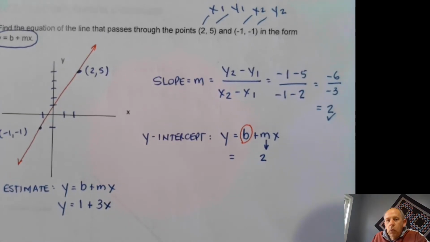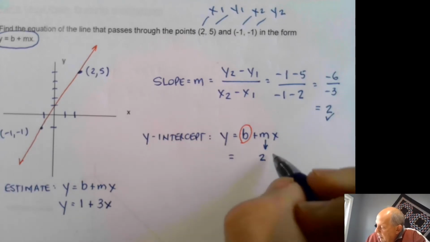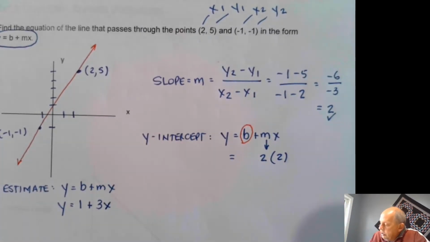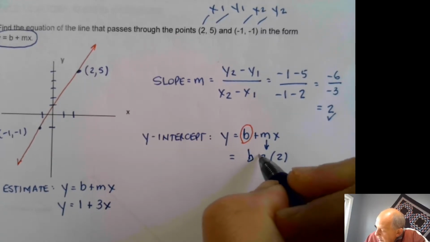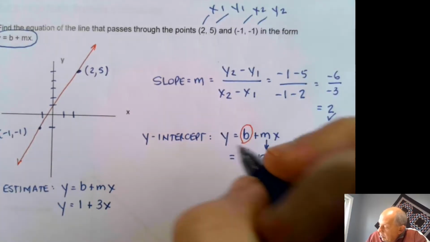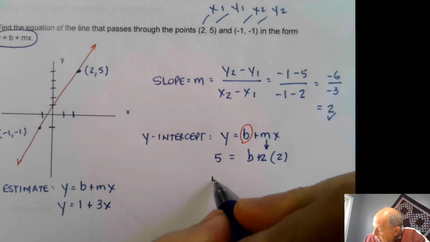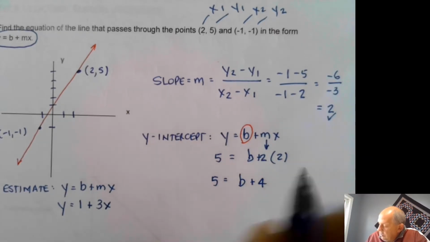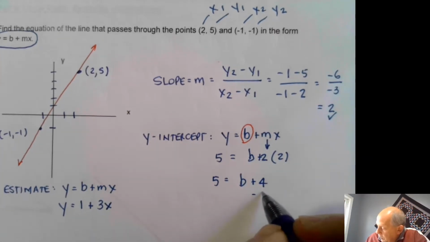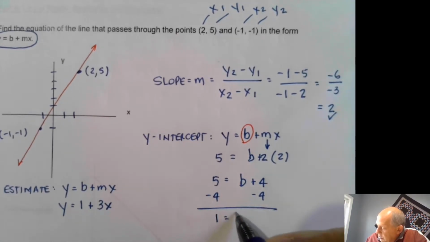My x-coordinate, I can pick either 2 or -1. It doesn't matter. Let me pick 2, the first one I saw. b is what I'm trying to solve for. And then my y-coordinate is 5. So what I have is 5 is equal to b plus 2 times 2, and 2 times 2 is 4. I subtract 4 from each side, so I have b is equal to 1.